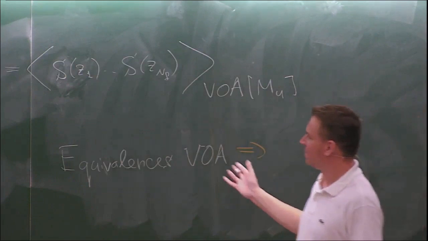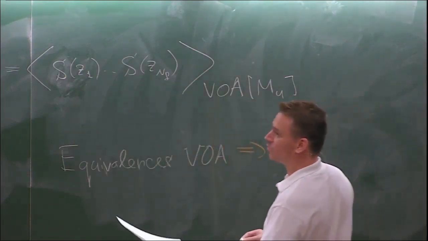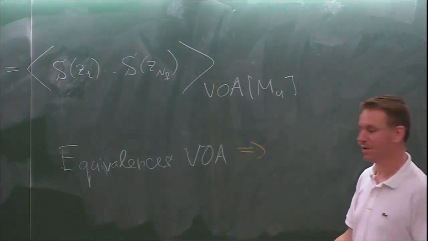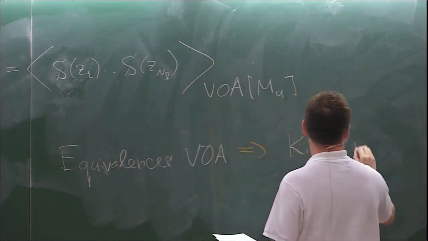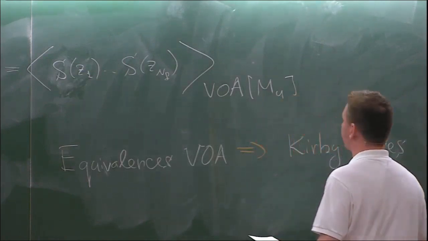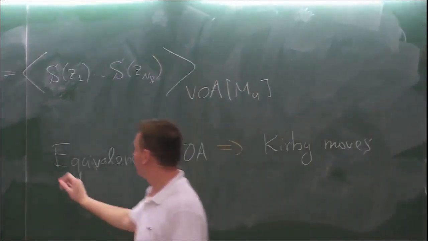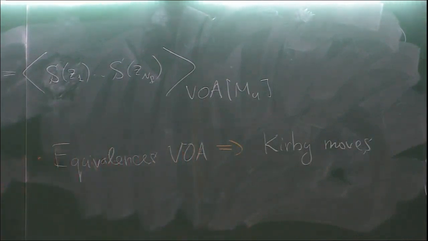The point is that if you study equivalences in vertex operator algebras, they would reproduce, just like we saw this coming out of calculus in the basic integrals in lecture 1, that Kirby moves emerge and nicely describe various equivalences. But again, that's another topic which I leave for some future occasion. Thank you.